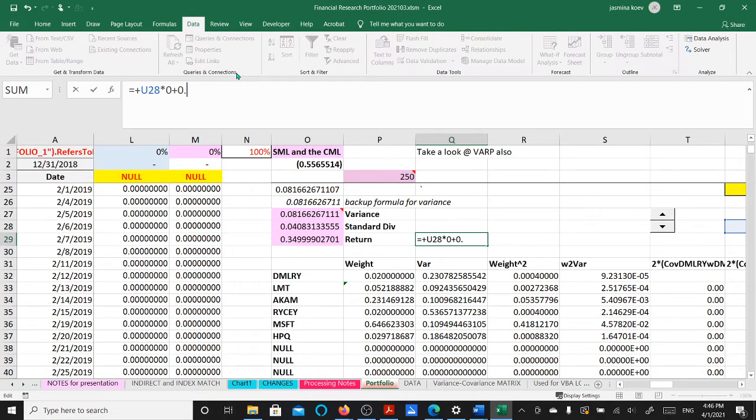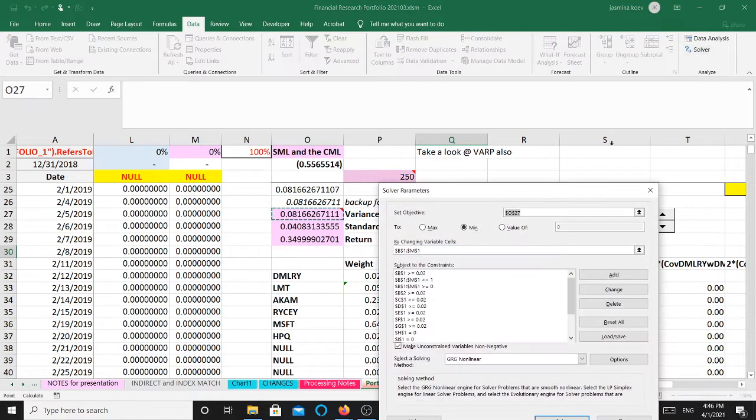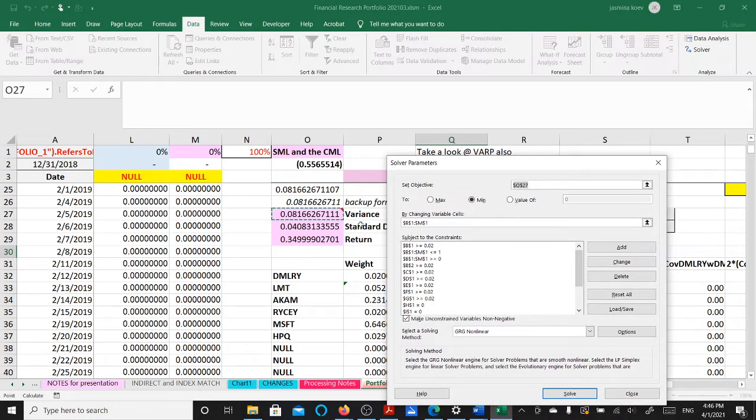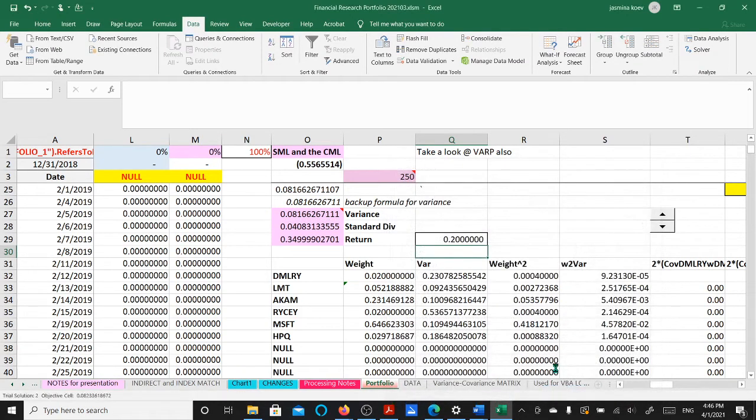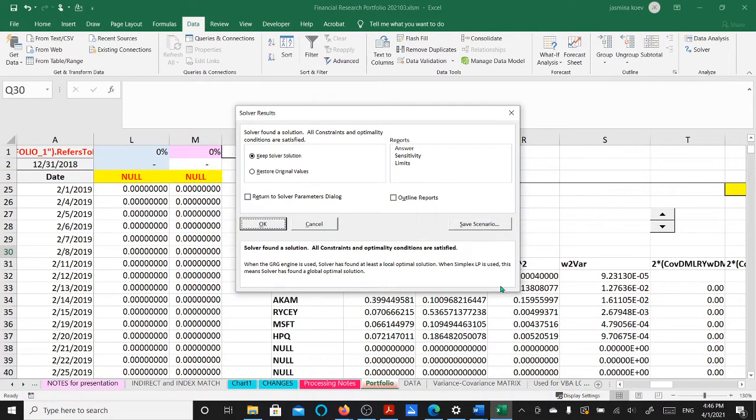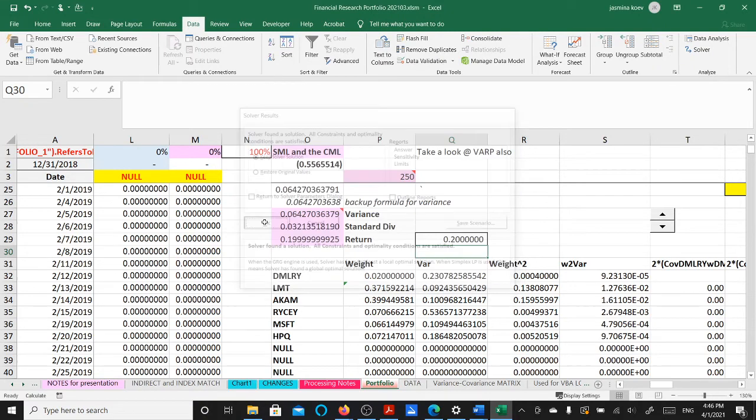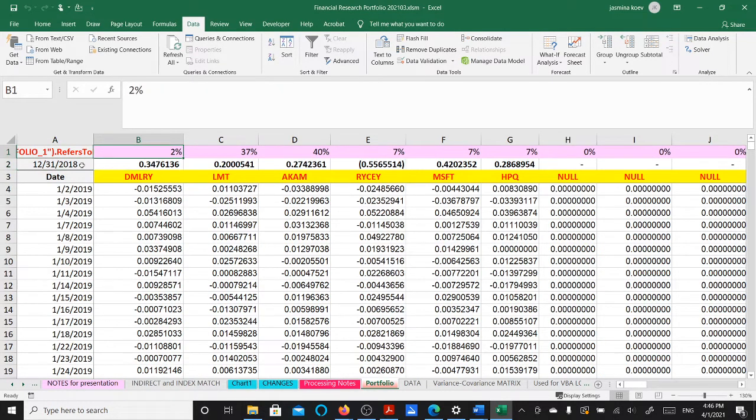I'm going to ask it for a 20% return. This is what drives the Solver, and it is set to minimize the variance of the portfolio. So it's looking for the minimum variance at a given rate of return. Here I'm going to solve it for a given rate of return of 20%. What's the minimum variance? Minimum variance is 6%, and here's my mix of investments.